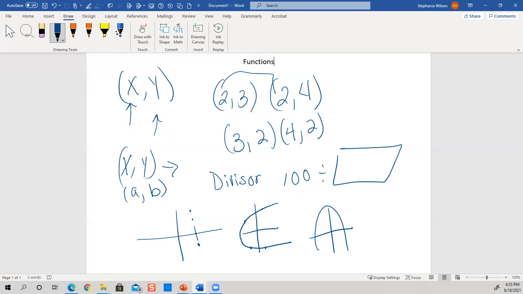However, this is a function. This is a function. Okay. We have repeated y values, but we don't have repeated x values. Okay, moving on. So a function is a set of ordered pairs in which no two pairs have the same x value.